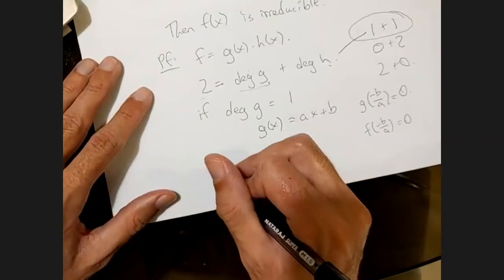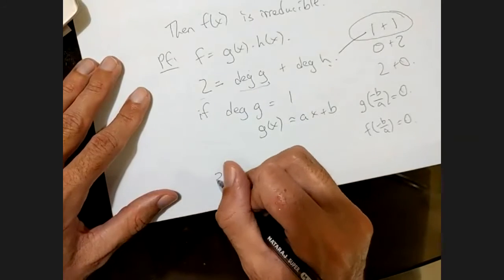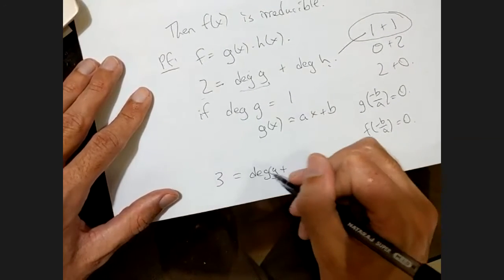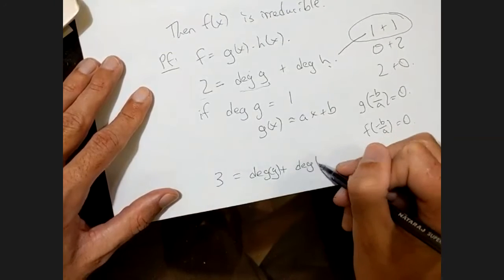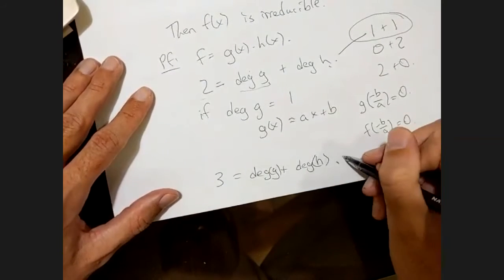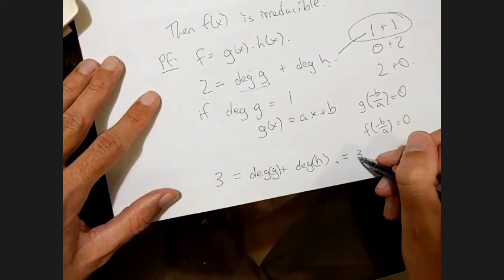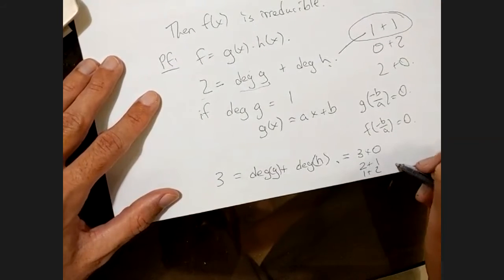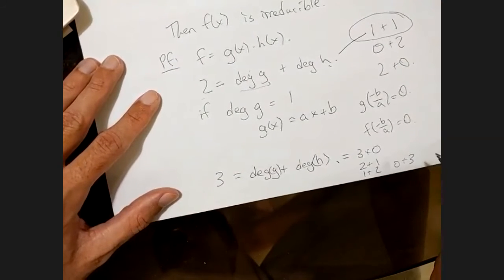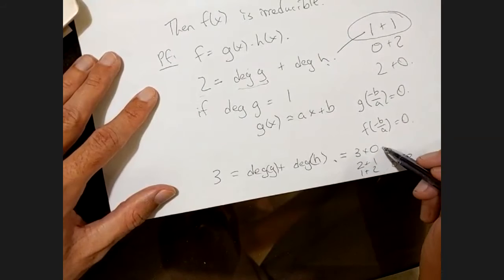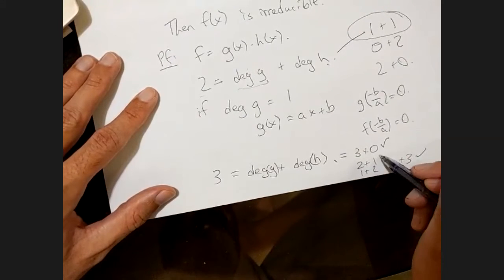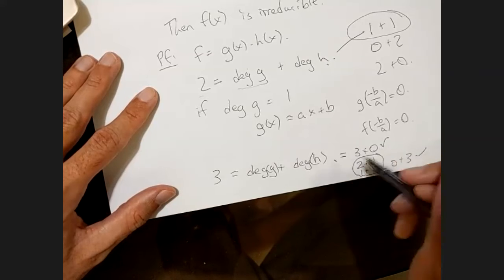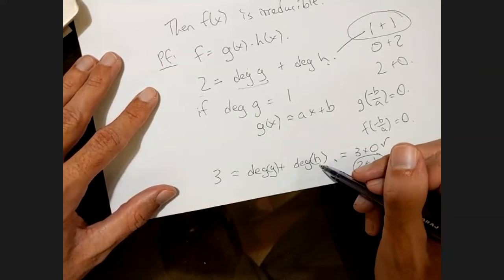And similarly, if the degree of f is 3, you have 3 is the degree of g plus the degree of h. And that can be 3 plus 0, 2 plus 1, 1 plus 2, or 0 plus 3. If it's 0 plus 3 or 3 plus 0, that's fine. The only problems are these two. Because if the degree of h is 0, that means that h is a scalar, so h is invertible.